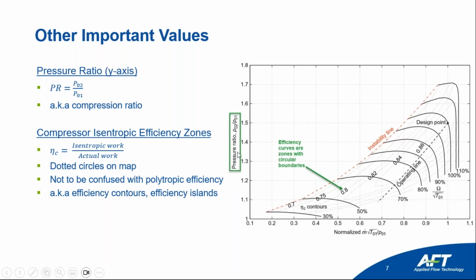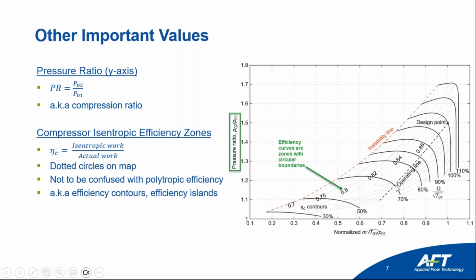It's always going to be the stagnation pressure ratio, so the outlet over the inlet conditions, just so that it's always dependent on the current conditions of the fluid that you're working with.